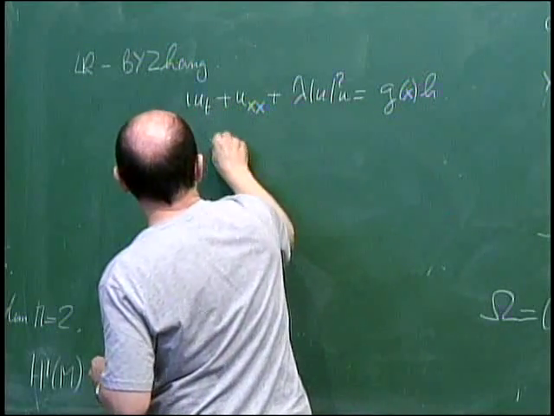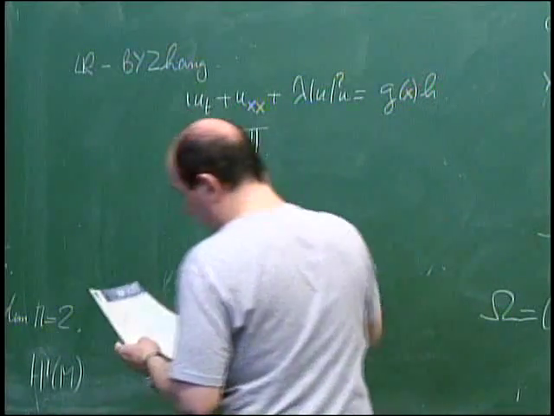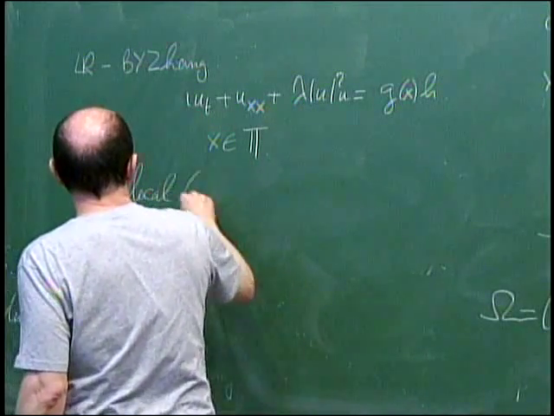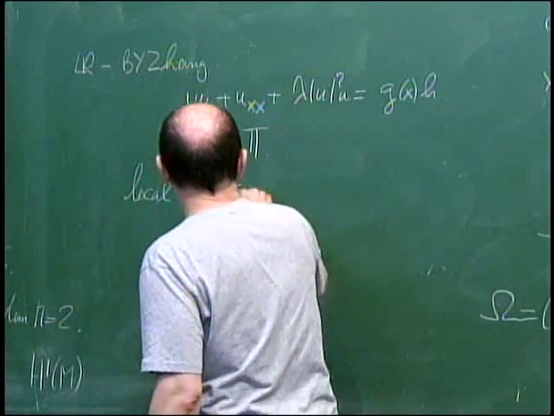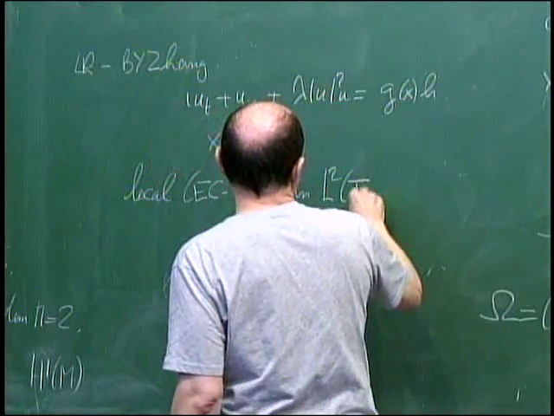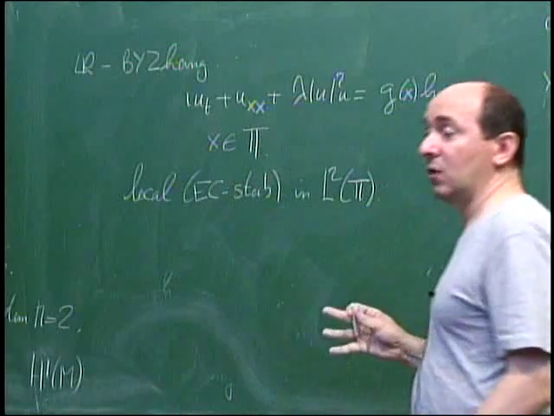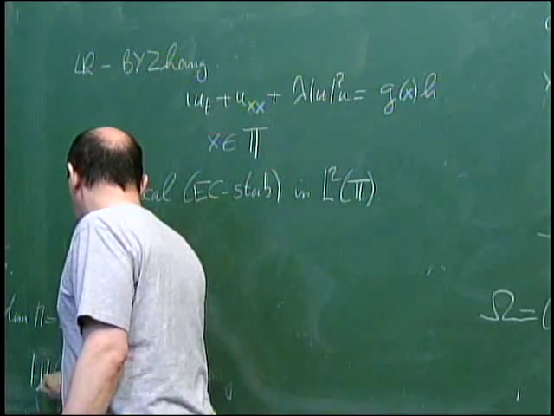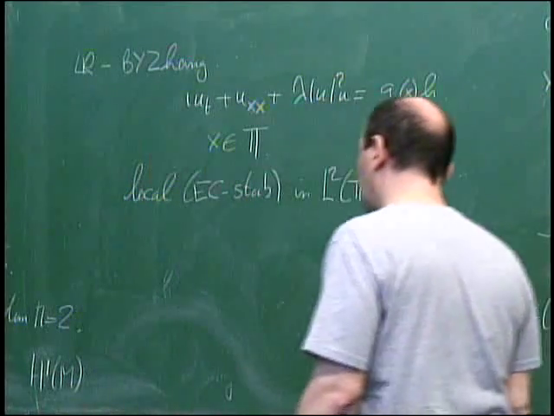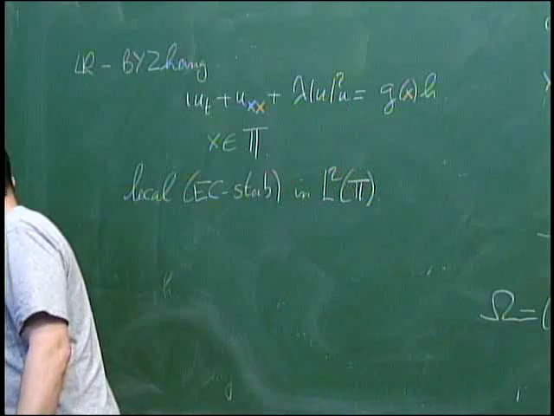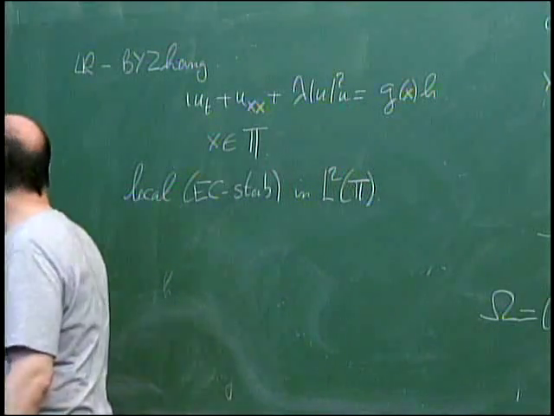And we work so on the torus, and we obtain local exact controllability or stabilization in L2 of T. So it was at the L2 level. So it was a difference. It was at the L2 level, and so we used Bourgain analysis. But we didn't use propagation of compactness or regularity introduced in this paper.